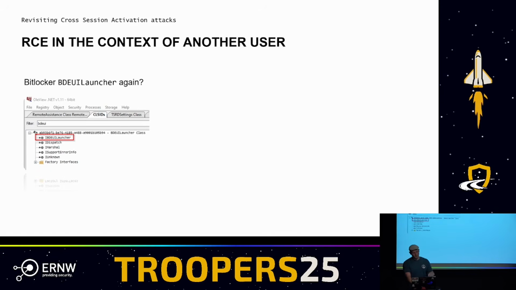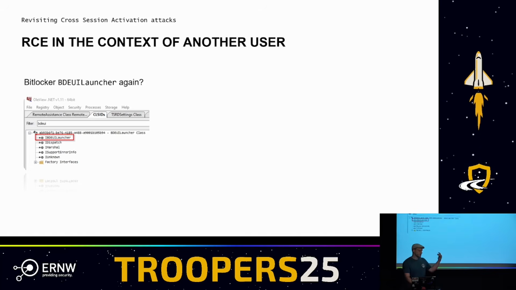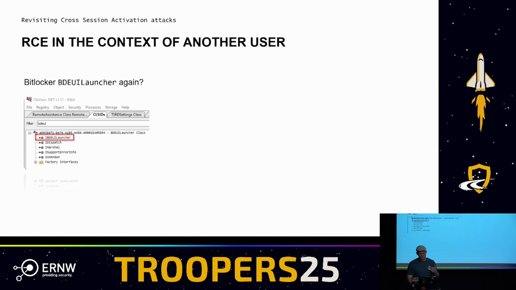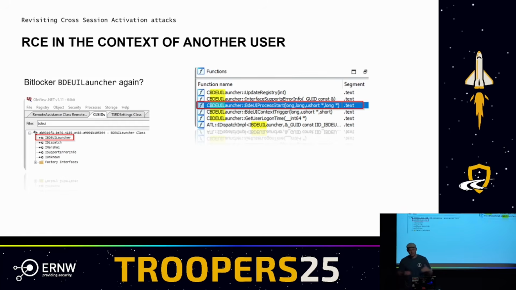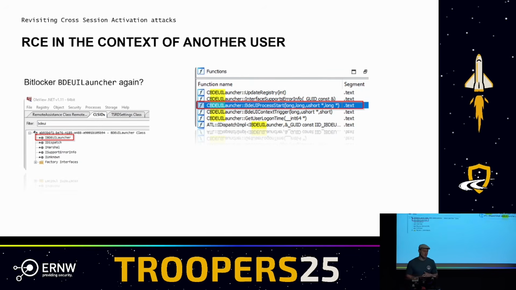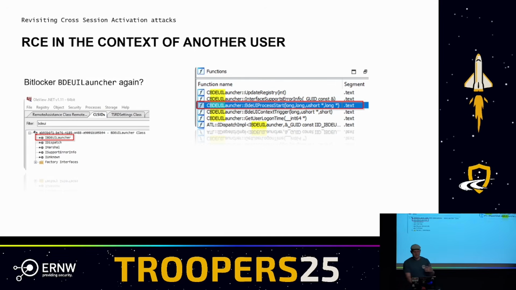At some point, I was checking BDEUILauncher again, which was the one that had weird exceptions in the first place regarding relaying. And it turned out that BDEUILauncher had one function called BdeUiProcessStart. This function takes a ushort as an input value, so you can put a string in there. And this was really promising.